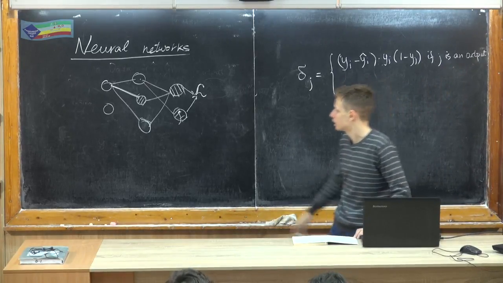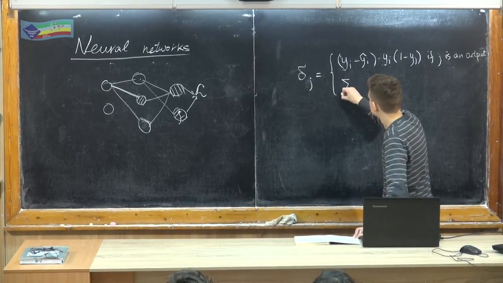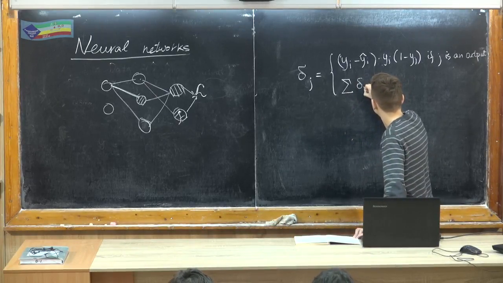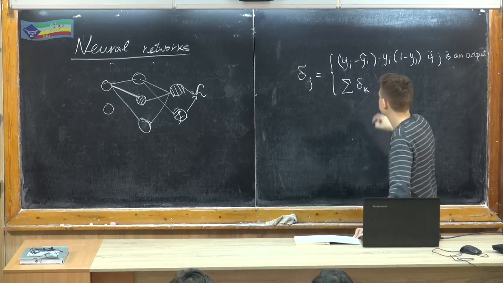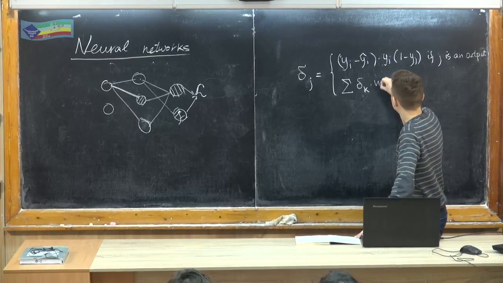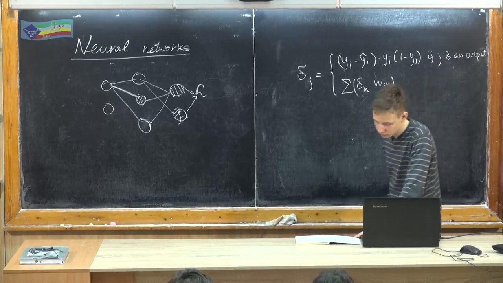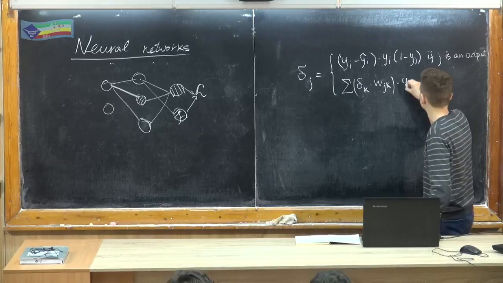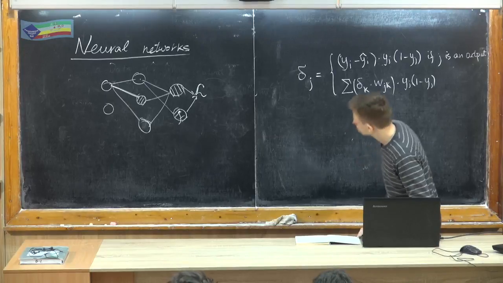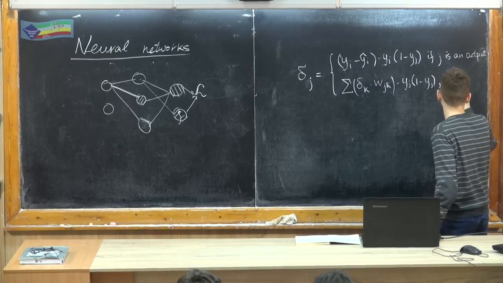But if j is a hidden neuron, then it becomes like that: the sum over k of delta k, and I'll explain then what k means, multiplied by weight jk.